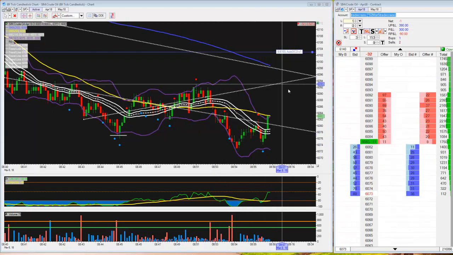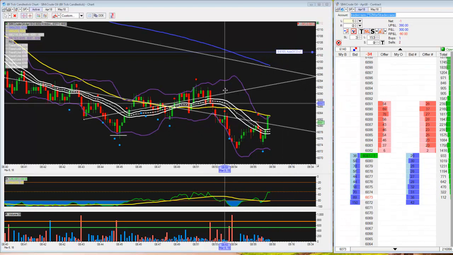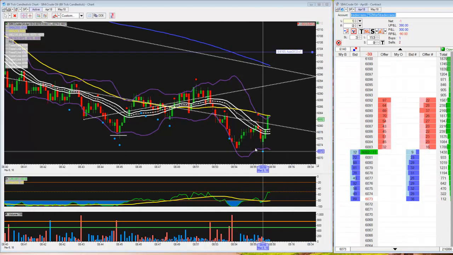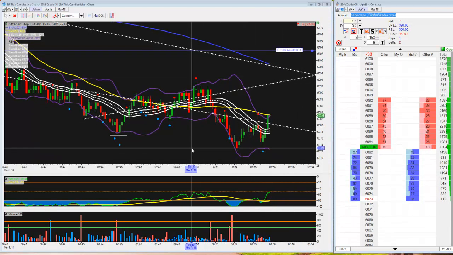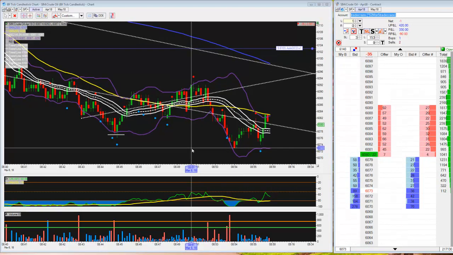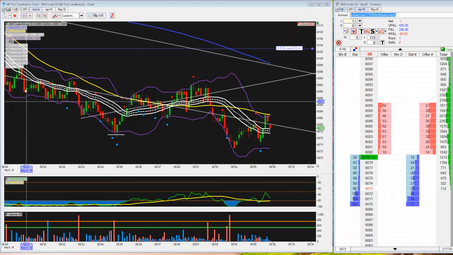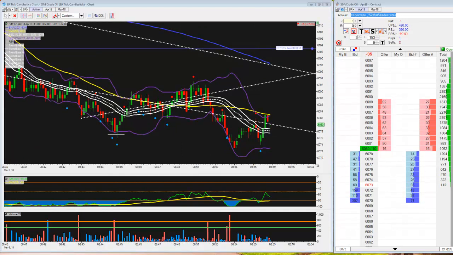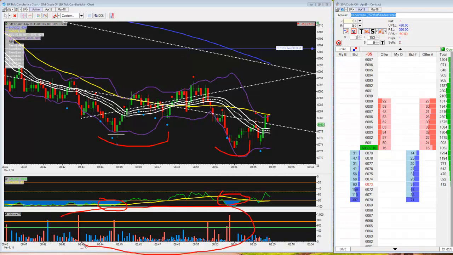So what we need right now is blue to come into play here to stop this. Because the longs are trying to make this the bottom right here. They're looking at this versus this versus this versus this, pretty much on any technical indicator. You see some volume coming in.